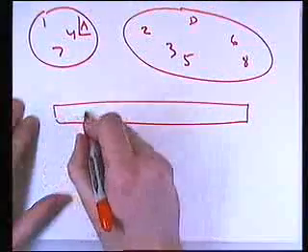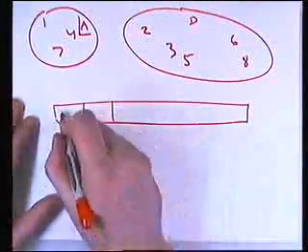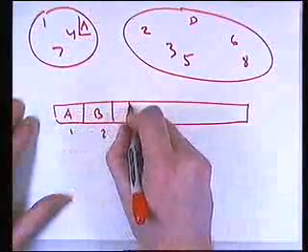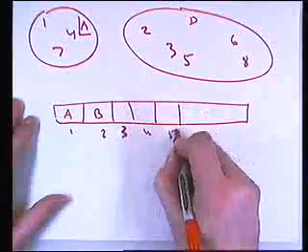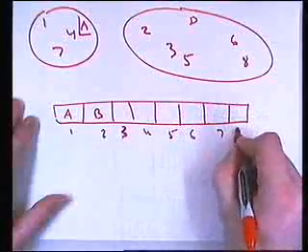That is, what I need to do here: this was originally A, this was B, and we have cells 4, 5, 6, 7, and 8.